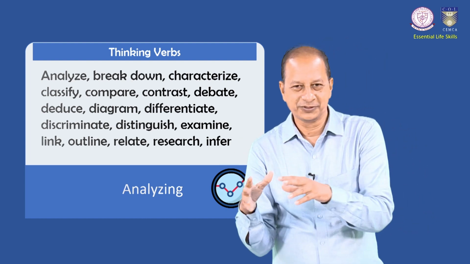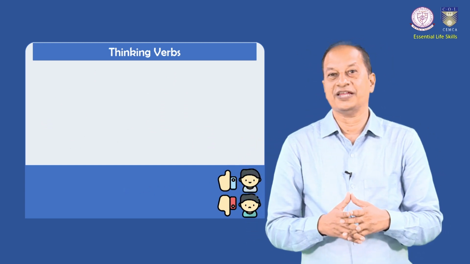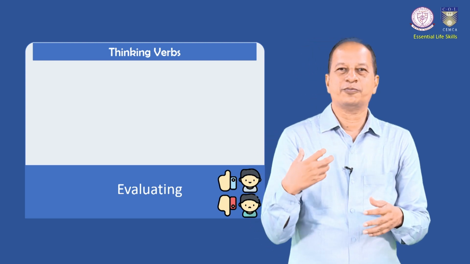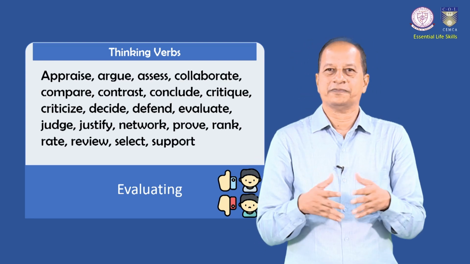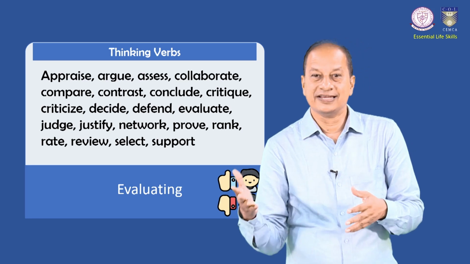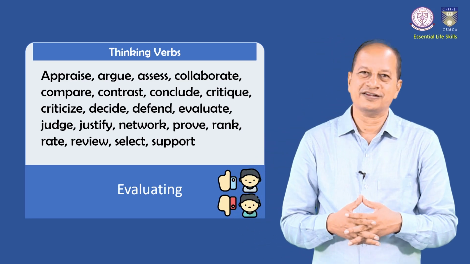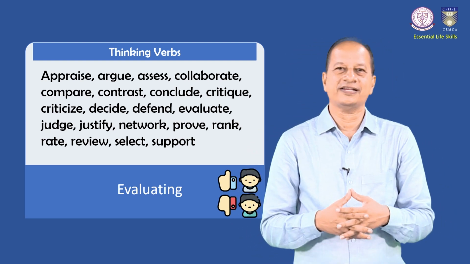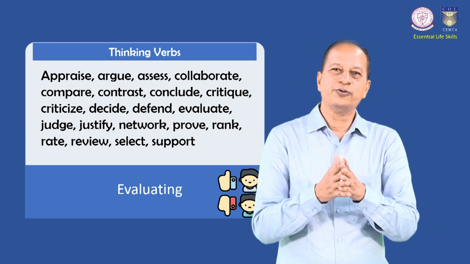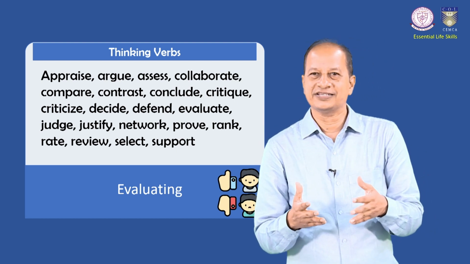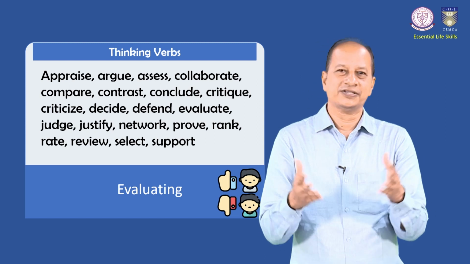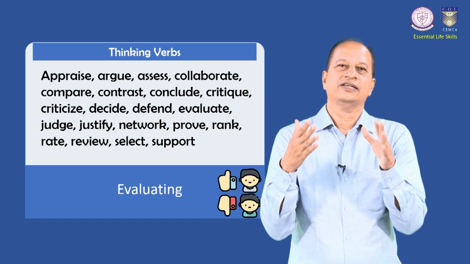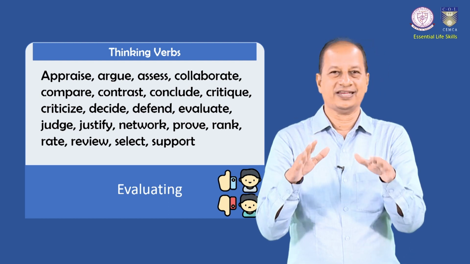And then we come to the next important thinking skill, that is evaluating. And the thinking verbs include appraise, argue, assess, beta test, contrast, conclude, critique, or even criticize, decide, evaluate, predict, prove, rank, rate, support, review are some of the most important thinking verbs associated with the evaluating skill.